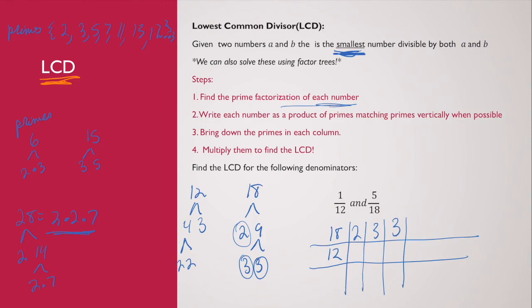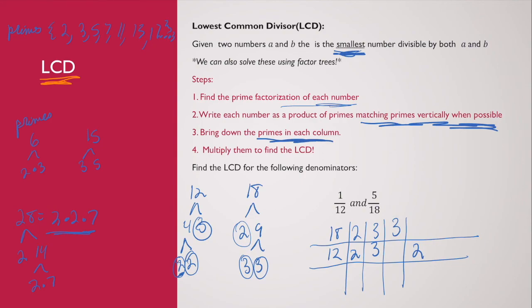Now I have 12. I need to write all the primes of 12, matching primes vertically when possible. So I've got a 2, but then I've got another 2, so I've got to put that over here because 18 doesn't have a mate for that. And then I've got a 3. To find the LCD, we bring down the primes in each column.